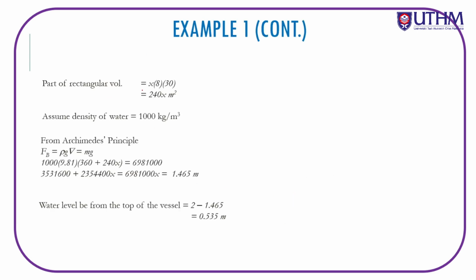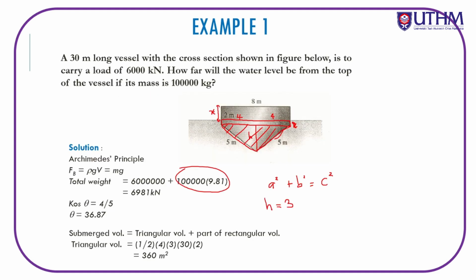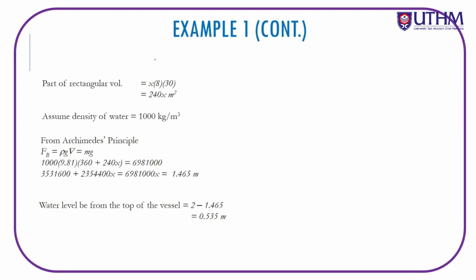So, dia punya tinggi tadi, dia akan gantikan dengan X. Oh, dia dah pakai X ini. So, saya tak pakailah X ini. Saya pakai tanda soal lah. Ya. So, sini adalah X. Panjang pendek ni, yang kita tak tahu ni. Okey. X kali dengan 8 kali dengan 30. 8 adalah lebar, 30 adalah panjang vessel ni. So, kita akan dapat 240x meter square.